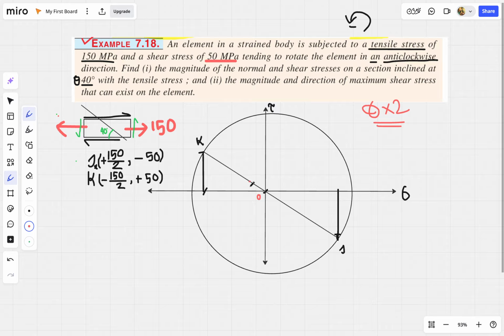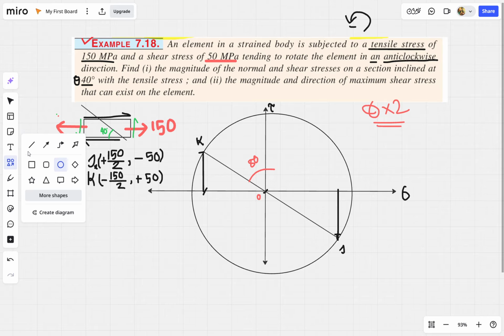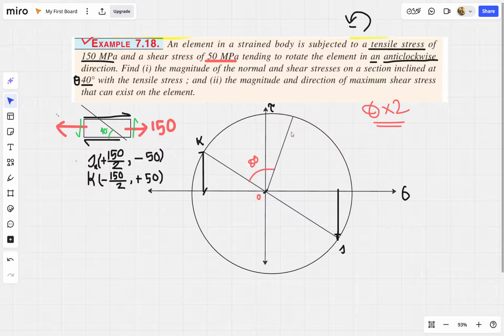It will be 80 degrees, so it will be like this. After drawing this 80 degrees from the OK axis, we are going to get this ray.